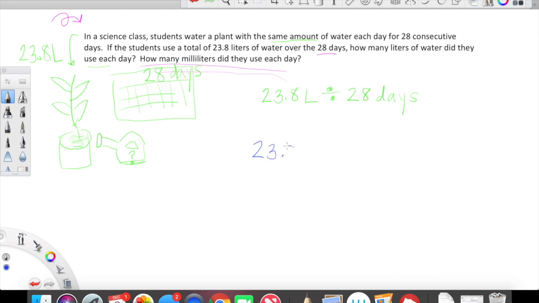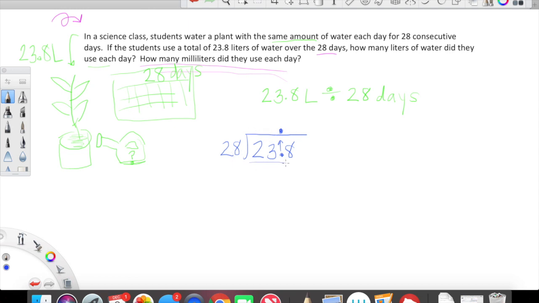So 23.8 is snug inside the house of division. We have 28 days outside. I love this decimal point. I'm going to bring it up so I don't forget about it. So we're looking at 28 going into 23.8.